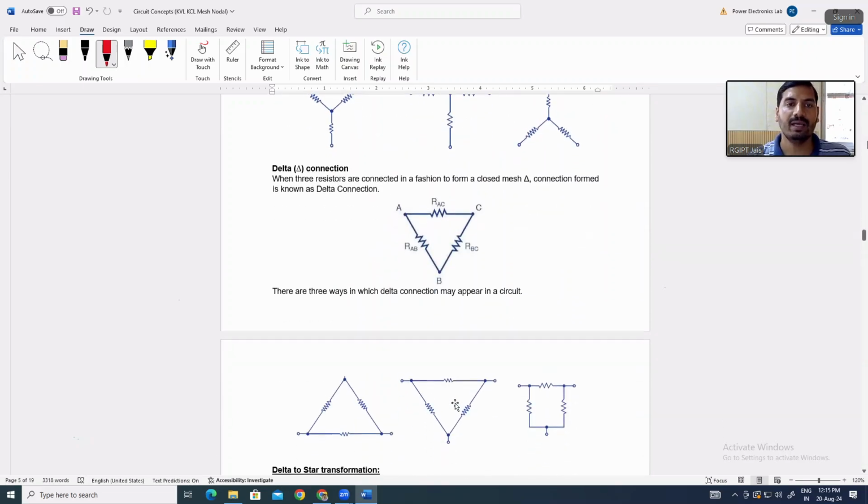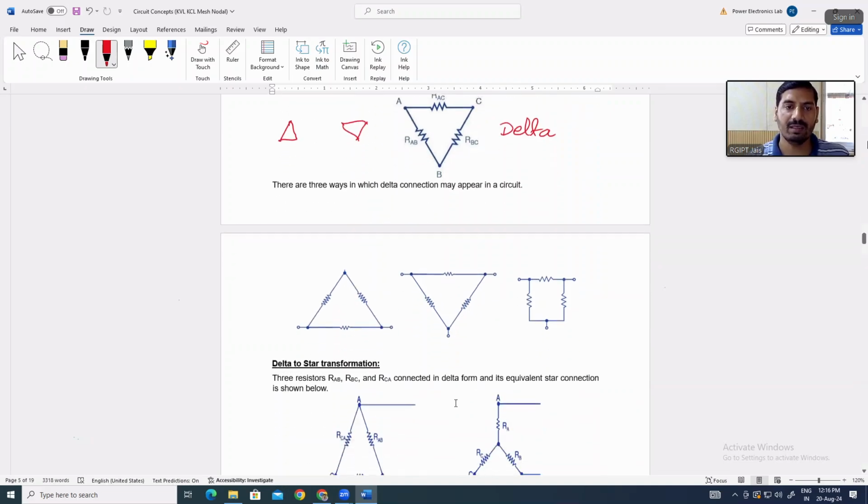Similarly, in delta, we will see, this is a delta connection. Delta is simply this type, or it can be reversed also. It can be this type also. So you can see there are three different types of delta connection here.